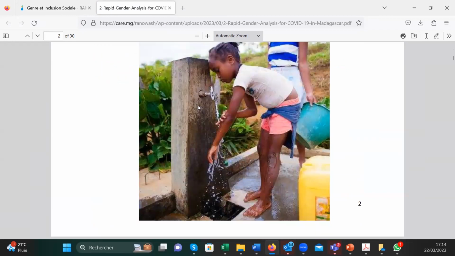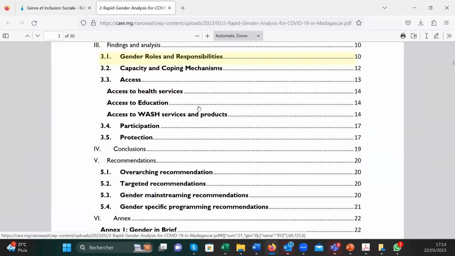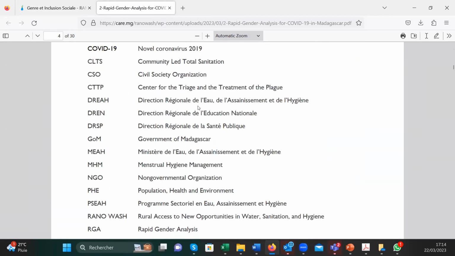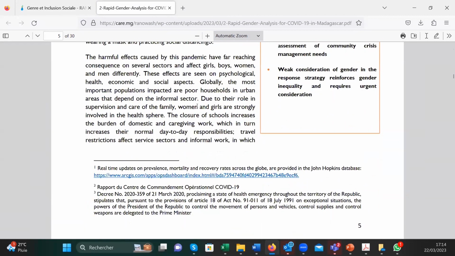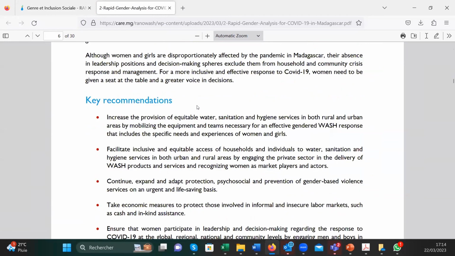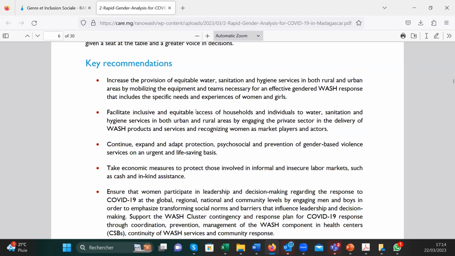You can see here the report on the gender analysis after the passage of the COVID-19 pandemic, to see the impact and to grasp the recommendations to consider the different categories of persons in the implementation of the different interventions.